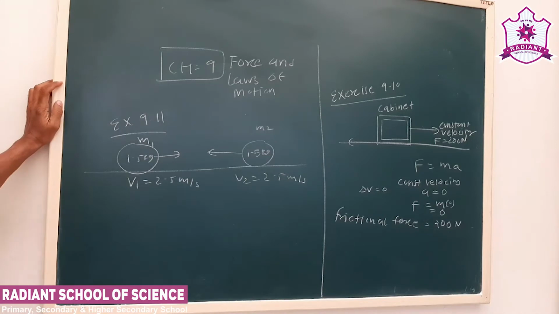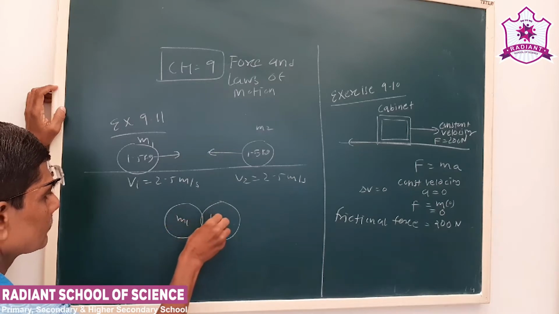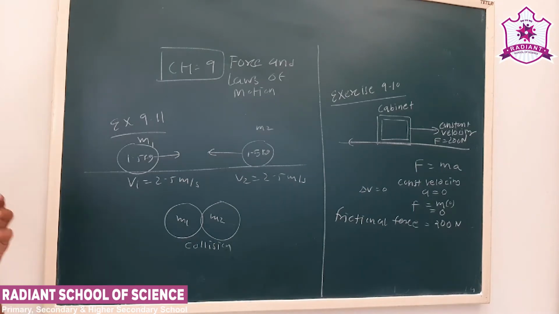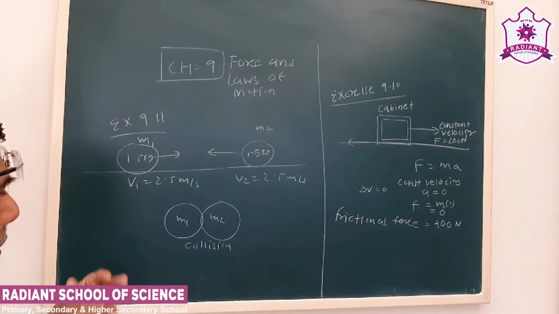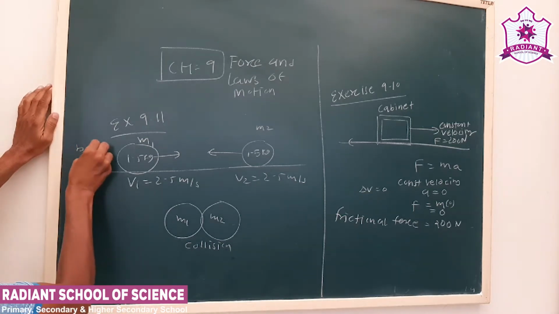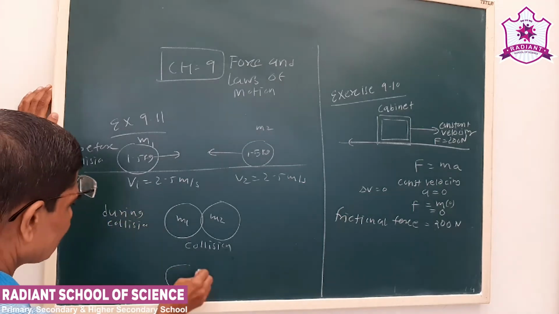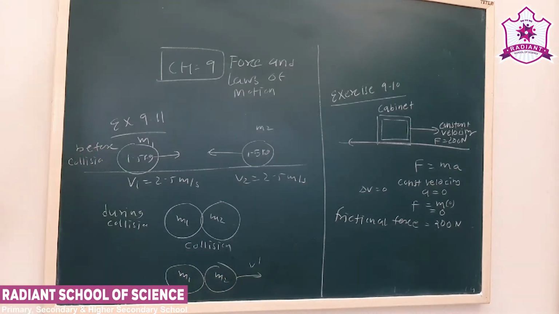Both have the same speed. They collide, and after collision they move in the same direction. What is the velocity of the combined object after collision? This is before collision, this is during collision, and the question says after collision they move with the same velocity.